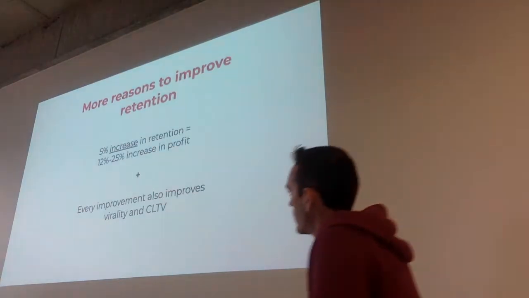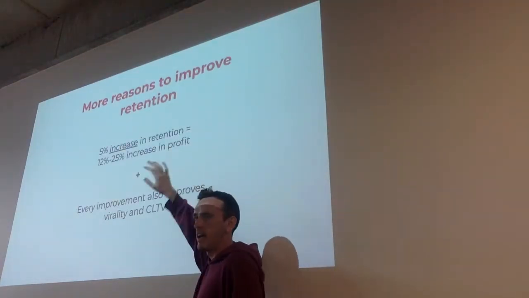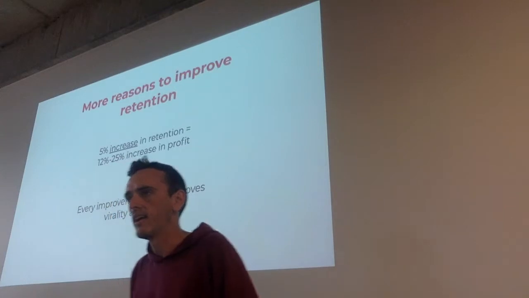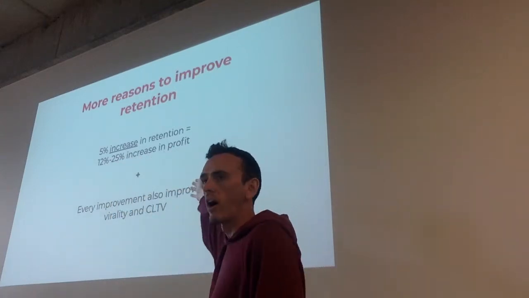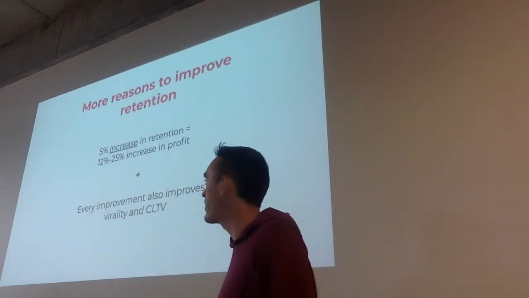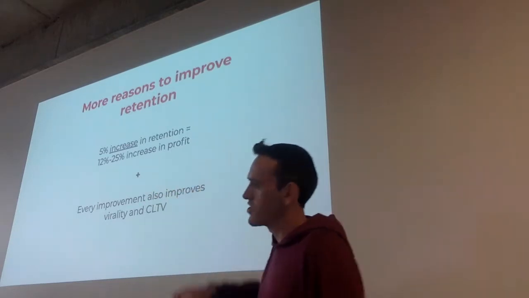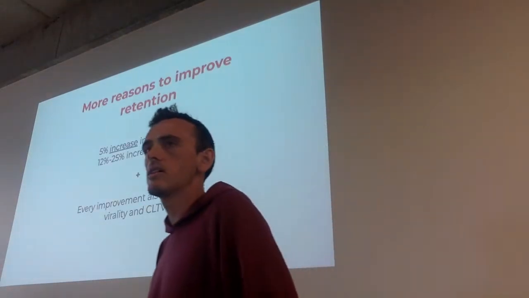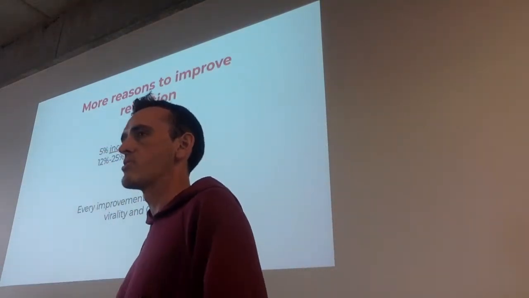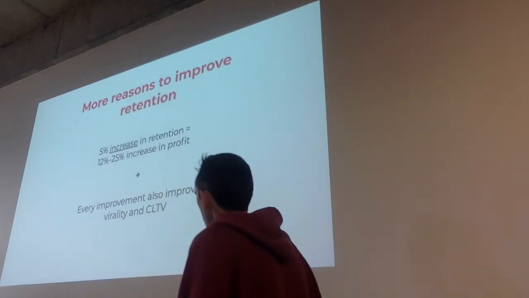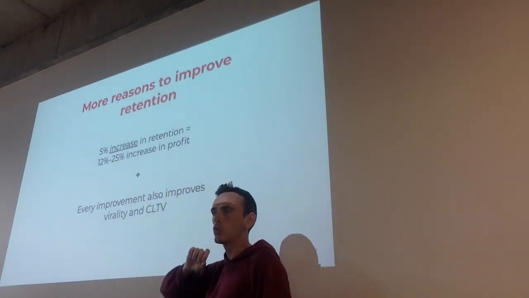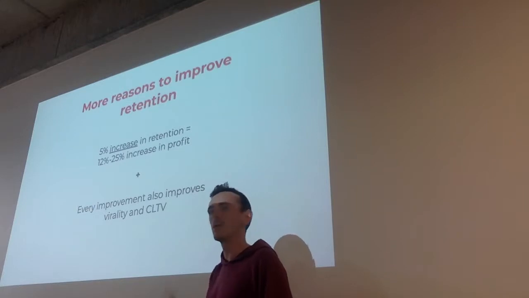Furthermore, this stat I'm going to explain, because I put it up before and felt it was quite obvious, and then people didn't understand it. A 5% increase in retention traditionally leads to anywhere between a 12% to 25% increase in profit. But I don't think people fully understand what a 5% increase means.